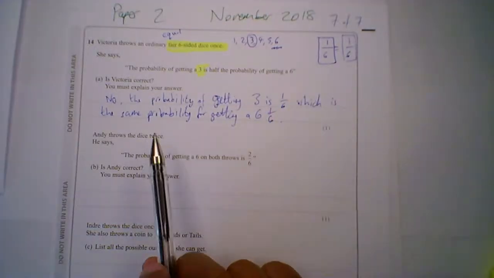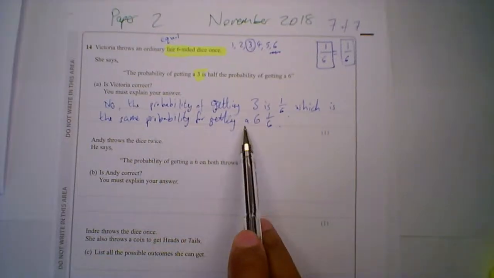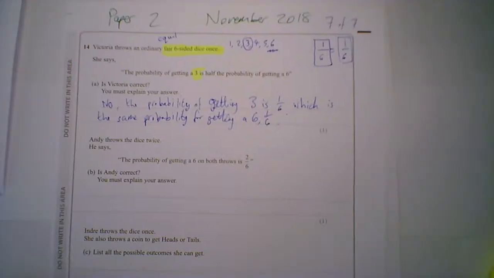No, the probability of getting 3 is 1/6, which is the same probability of getting a 6, 1 over 6. Okay, so I've explained my answer there.